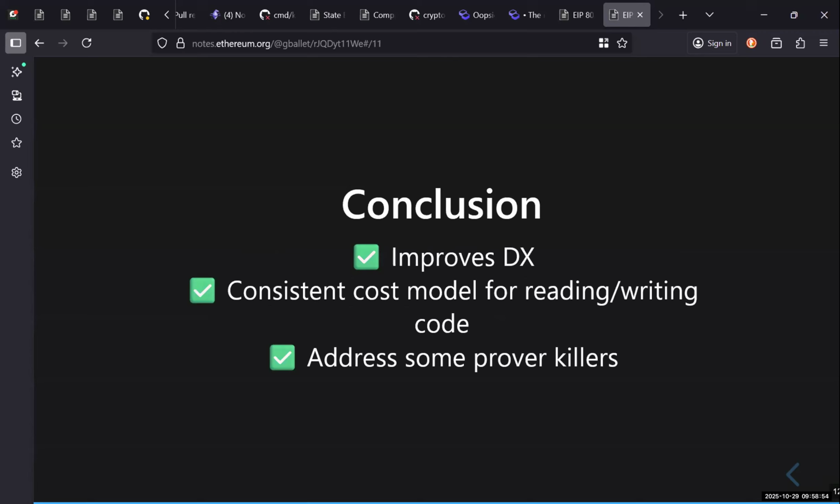Ben, you have a question? Yeah, if this is used as the actual internal representation for the clients, would it be significantly slower to load contract code? Because if it was in 31 byte chunks, then for a 24,000 kilobyte contract, if you used it all, it would be like 800,000 reads. Is that correct? Yeah, that's an internal implementation detail.